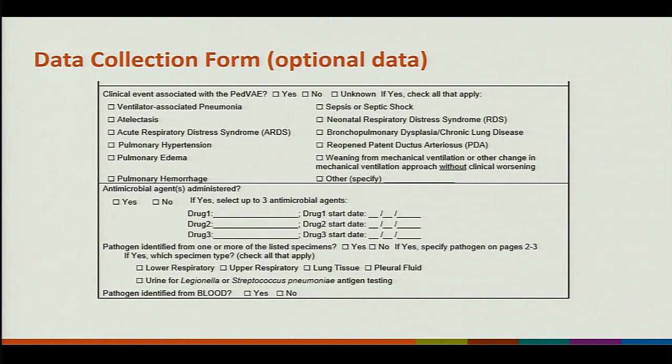We may or may not ever add an IVAC or a PVAP tier, but we would like to collect some more information since this is a new surveillance measure to help us reach that decision. So if you are reporting PedVAE, while these fields are optional, we encourage you to report them because it will help us to make determinations as we gather more data.